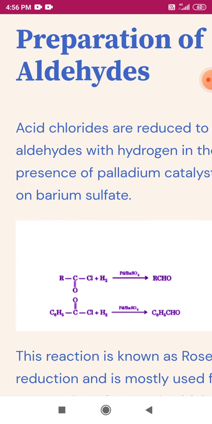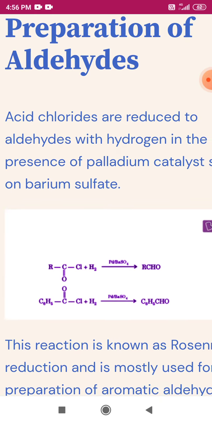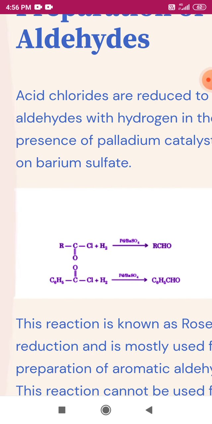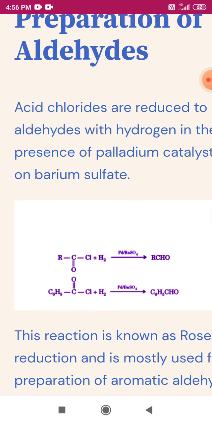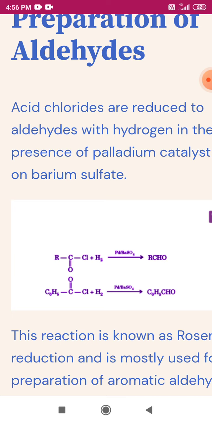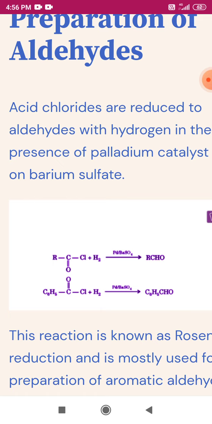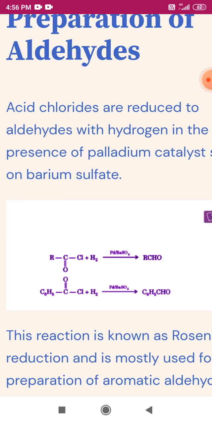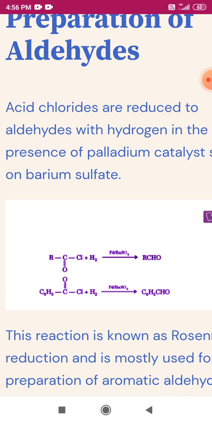Acid chlorides are reduced to aldehydes with hydrogen in the presence of a palladium catalyst spread on barium sulfate. This means acid chloride will get reduced to aldehyde with hydrogen in the presence of palladium catalyst spread on barium sulfate.